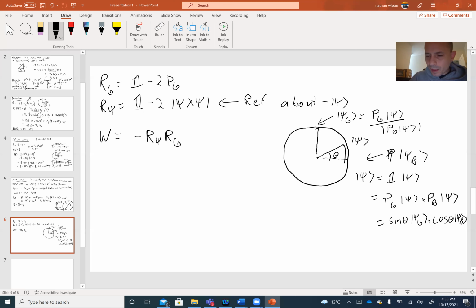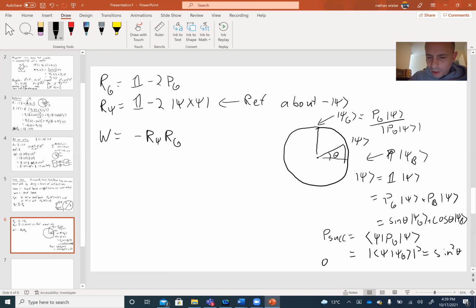psi g plus cosine theta psi b, where in this particular case, just geometrically, this angle theta would correspond to that angle up there. And furthermore, if we just began the algorithm and tried to measure whether or not we got a success, the probability of success would just be equal to the expectation value of psi of the projector onto the good space, which is equal to, in our particular case, simply the absolute value of psi given psi g squared, which is, by definition, sine squared theta.